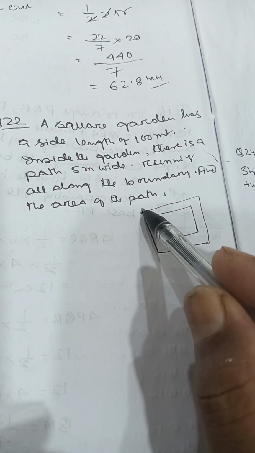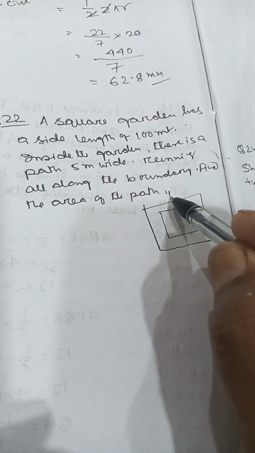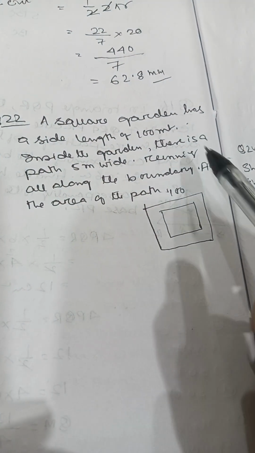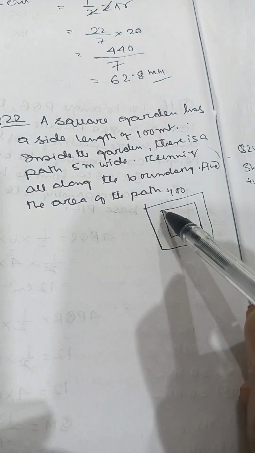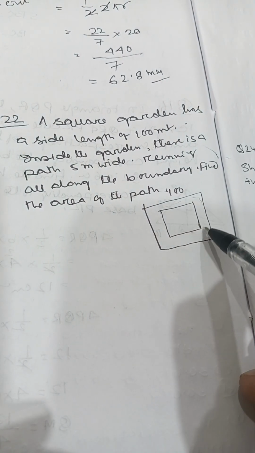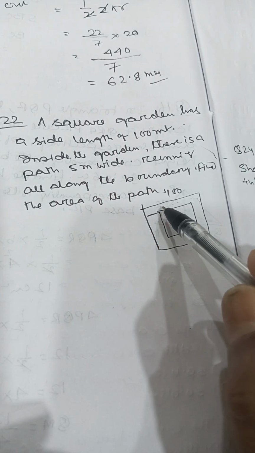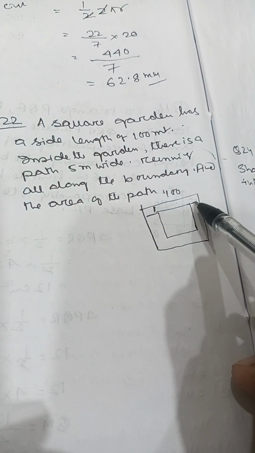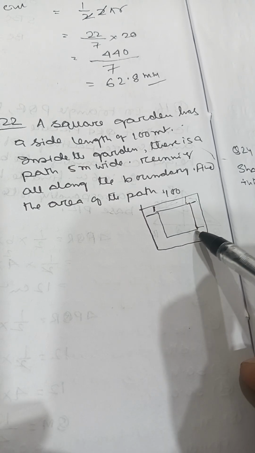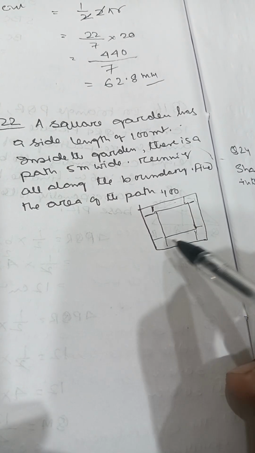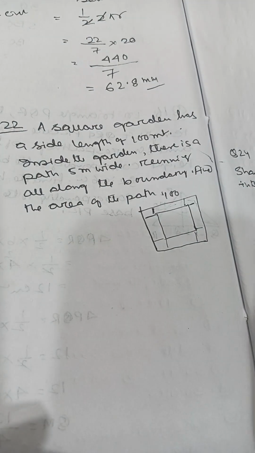This is the square garden, each side measures 100 meter. Okay. Now there is a path. You see, this is the path inside the square garden, of width 5 meter. This is 5 meter, this is 5 meter, this is 5 meter, 5 meter. There is, all throughout the garden, a 5 meter wide path.